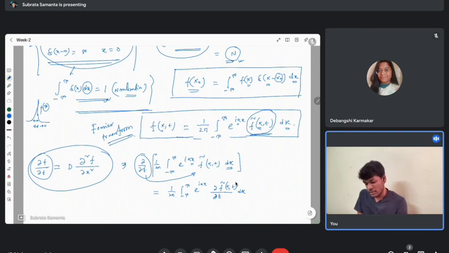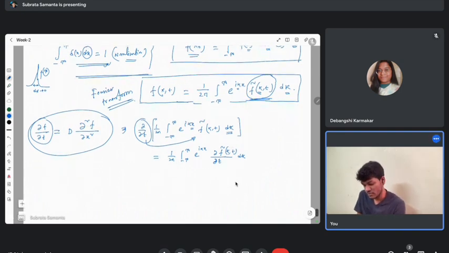And similarly for the right hand side, del 2 f over del x 2. In this case again there is no x derivative on f tilde, so we put f in this form.